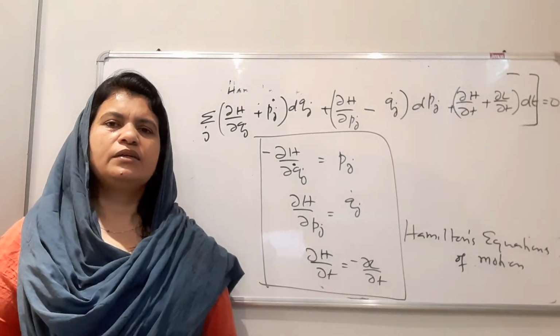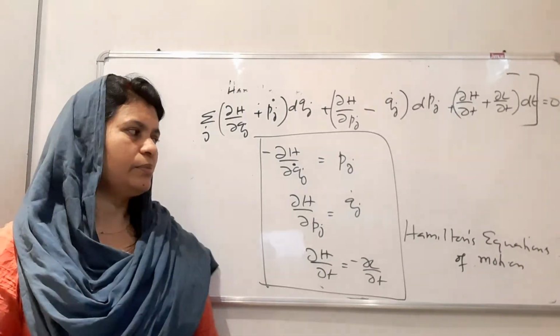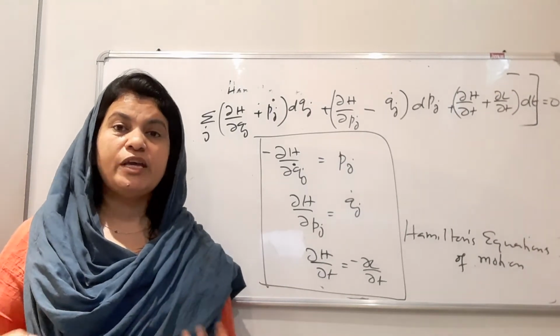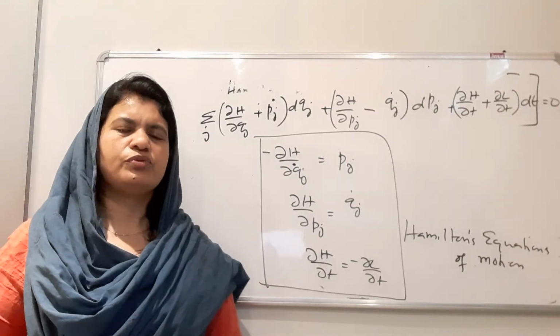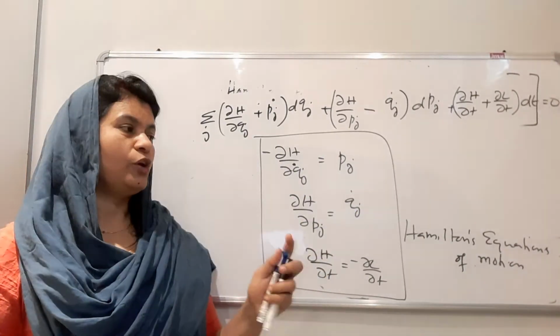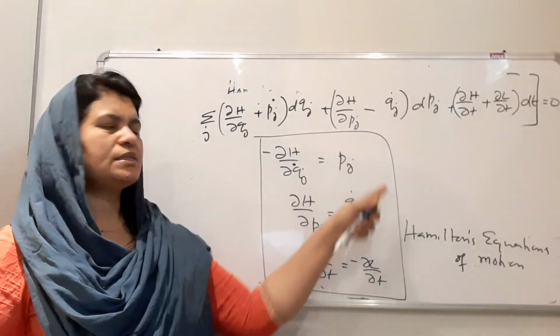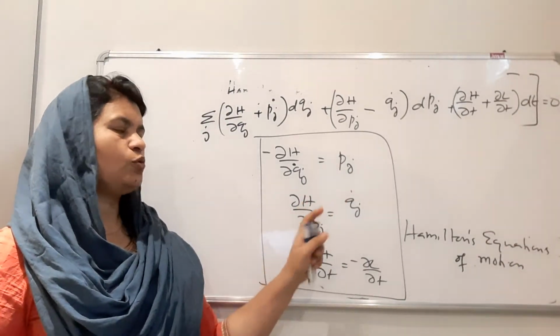And why are we using Hamiltonian over Lagrangian? There are some advantages for Hamiltonian because it is used in phase space. Therefore, it is easy to locate the position or motion of particles, because we are using independent variables. Here there are 6n independent variables: 3n pj's and 3n qj's.